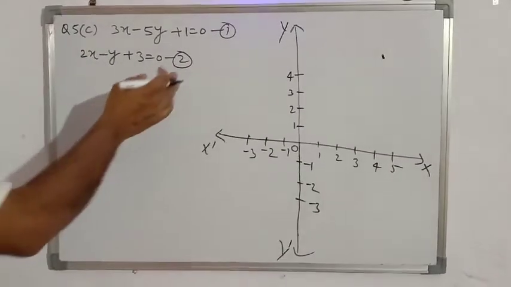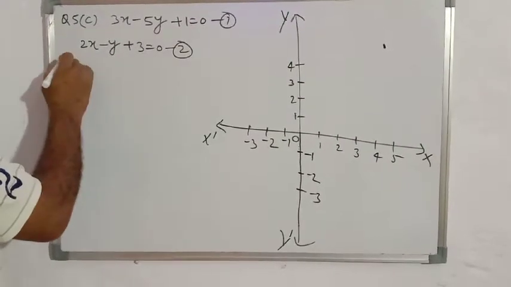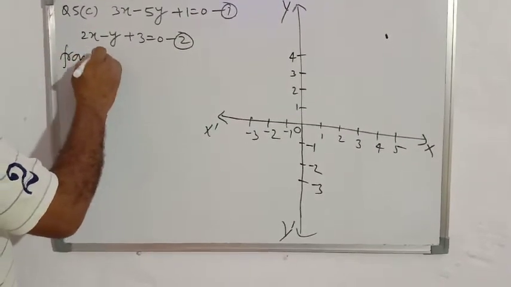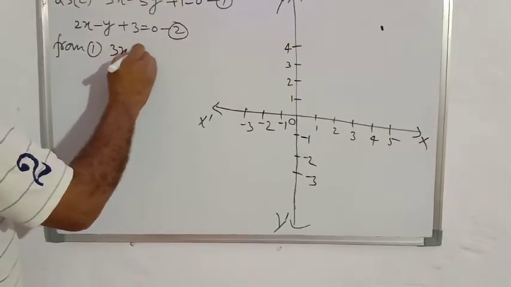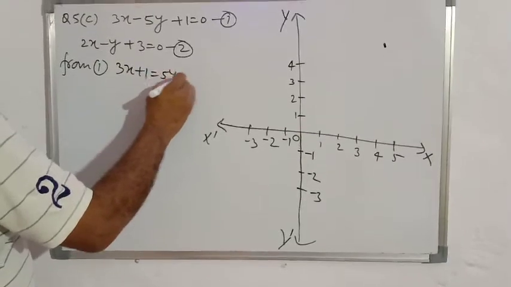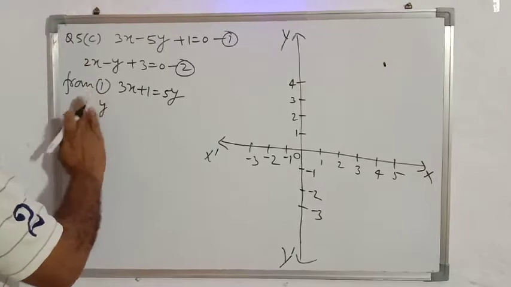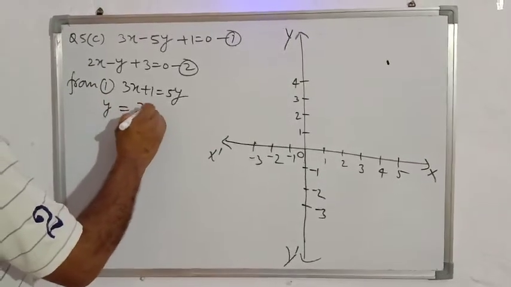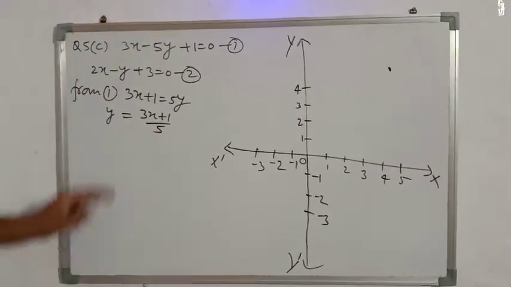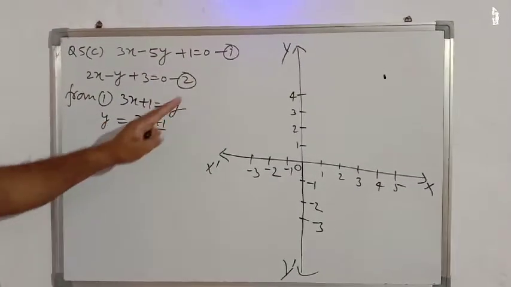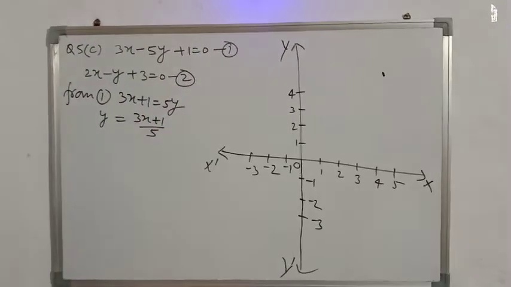So I have told you, firstly we will make y the subject in both the equations. So from the first, transpose minus 5y to the right side. 3x plus 1 is equal to 5y. So y is equal to 3x plus 1 upon 5.